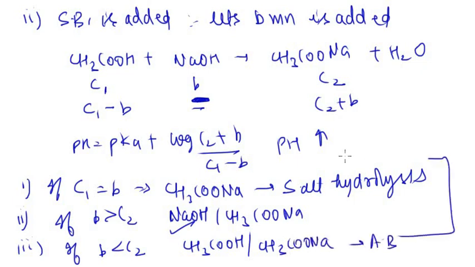Here we are talking about C1, nothing to do with C2. So when B is less than C1, that will be the case of an acidic buffer.